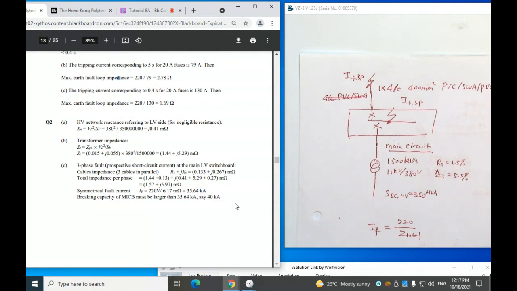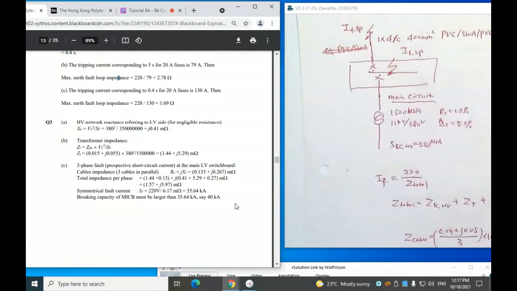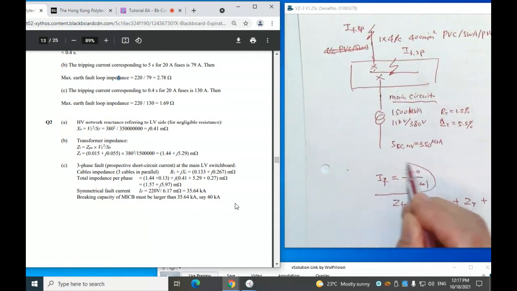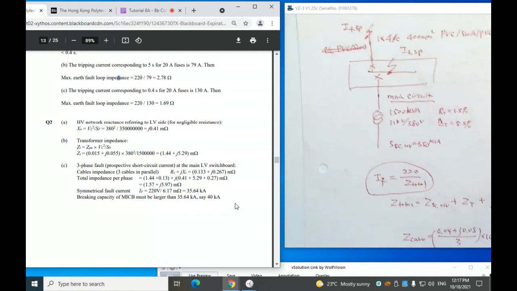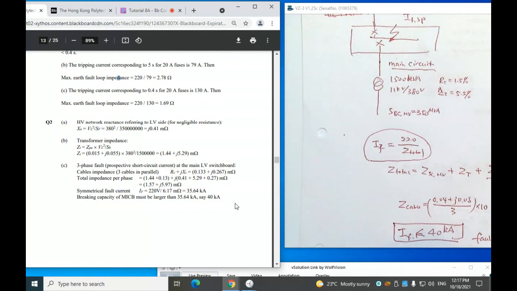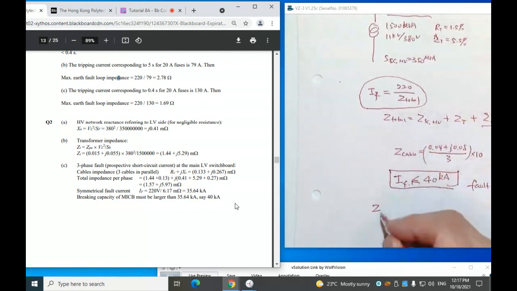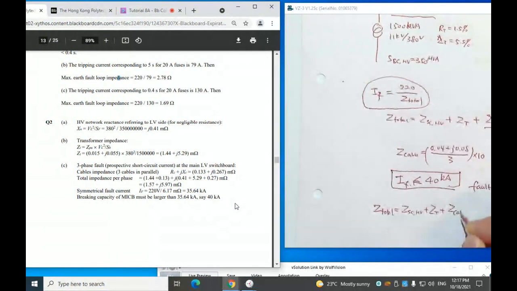So we can use the formula as we said before, for the earth fault current. For the three-phase current I use this one, but the total impedance in this case I put here equal to ZSC HV plus Z transformer and the cable.